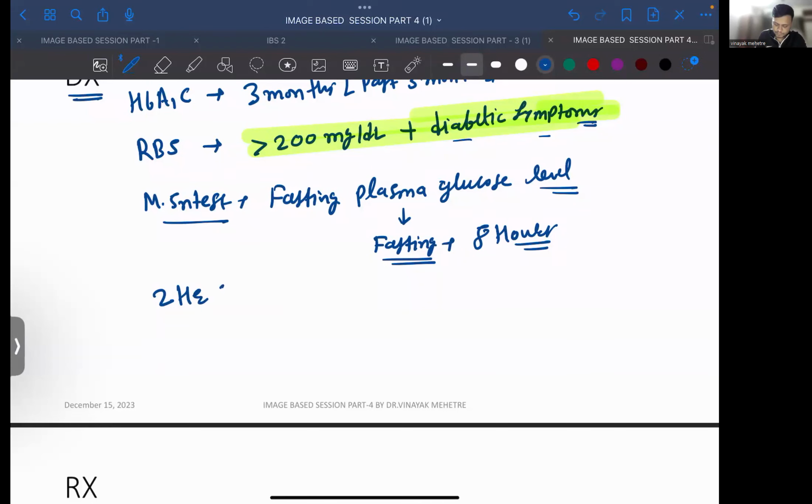Question you would have seen, 2 hours oral glucose tolerance test, right? Question में देखा होगा तुमने, how many grams of glucose we will give patient to drink? Yes, it is 75 gram of glucose is given to drink. And how much glucose level should come to diagnose it?